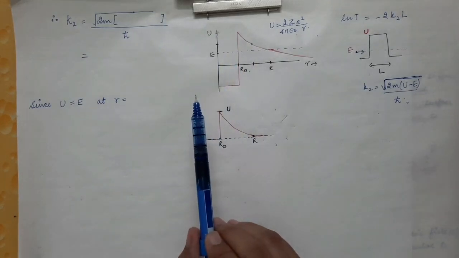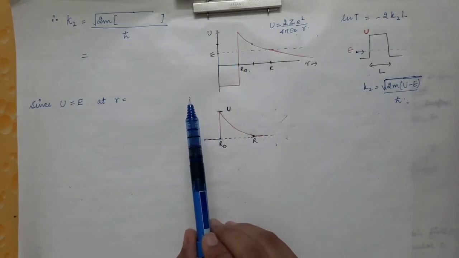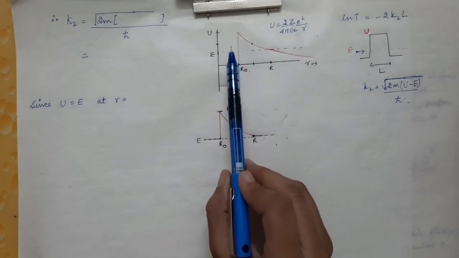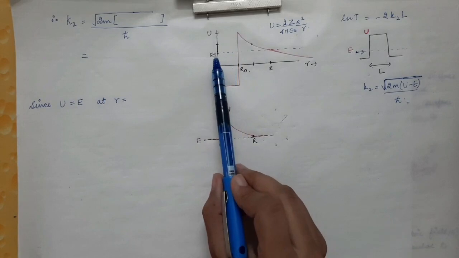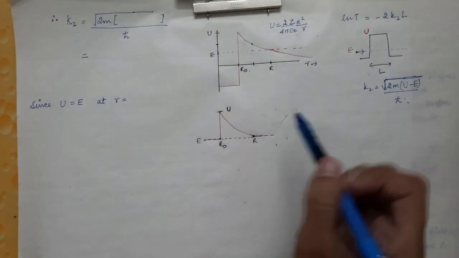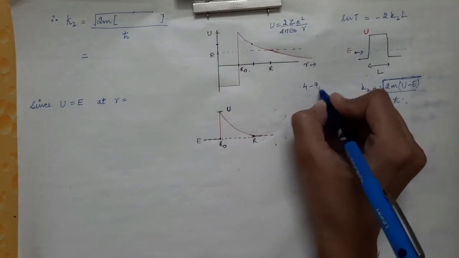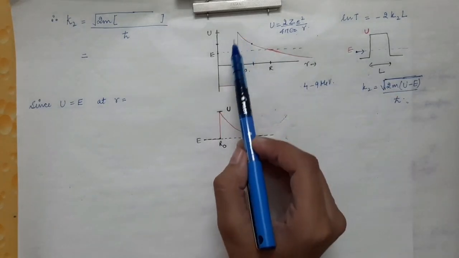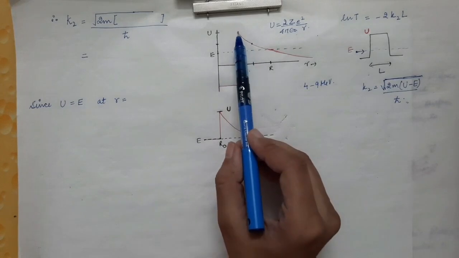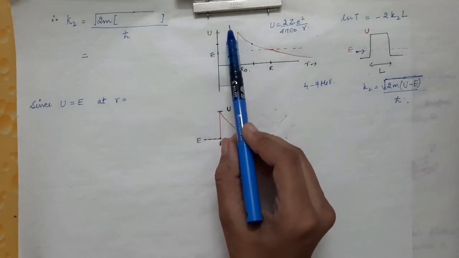Gamow's theory was put forward because classical mechanics was not able to explain the emission of the alpha particle. The energy of the alpha particle ranges from 4 to 9 mega electron volt, whereas the potential barrier which this alpha particle has to face is about 25 mega electron volt.